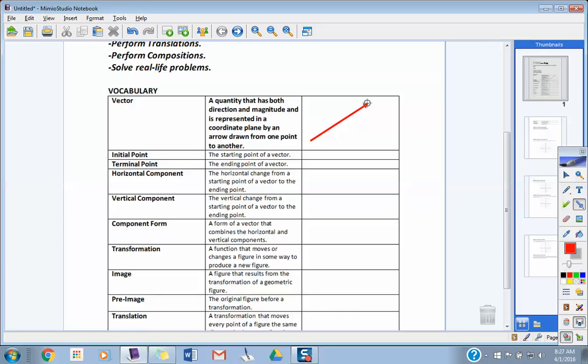If I would label this vector maybe A, and put a B out here at the end where the arrow was. The initial point, what do you think the initial point is in this vector, A or B? A is the initial point.